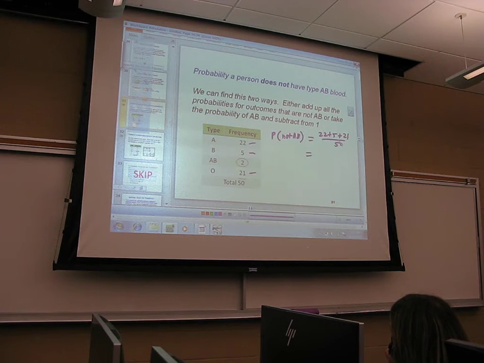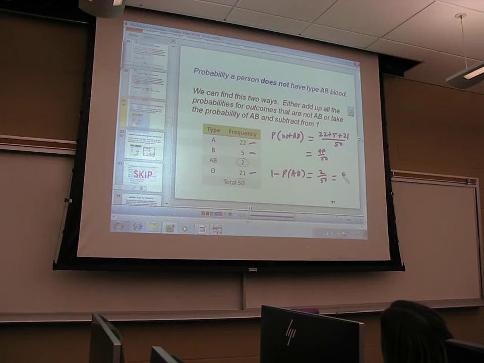What is that? 48 out of 50. Or I could say 1 minus the probability of AB. AB is 2 out of 50. So I do 1 minus that. I'll get 48 out of 50. Right? Because 50 minus 2 is 48. Are you good with that part? Either way.